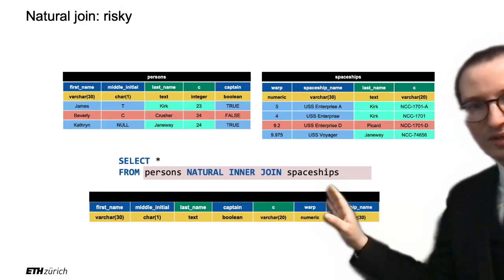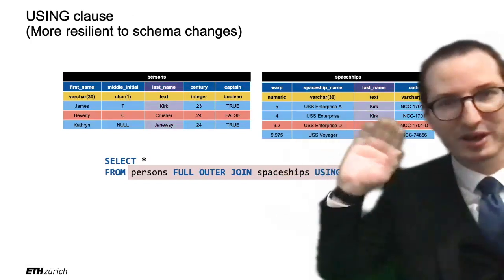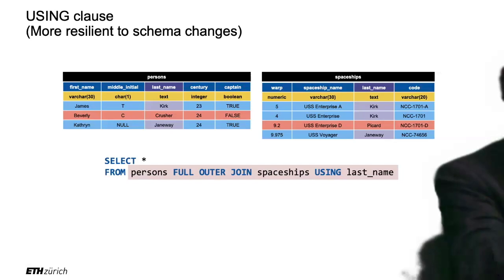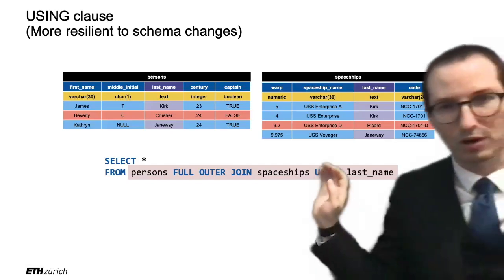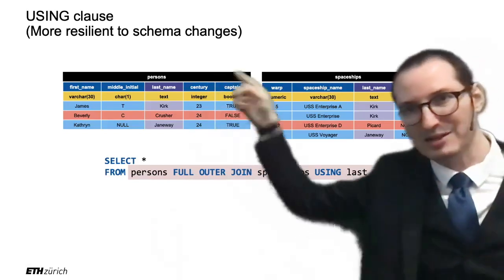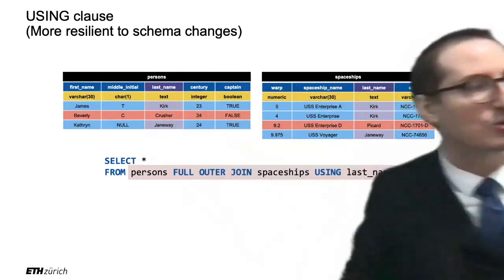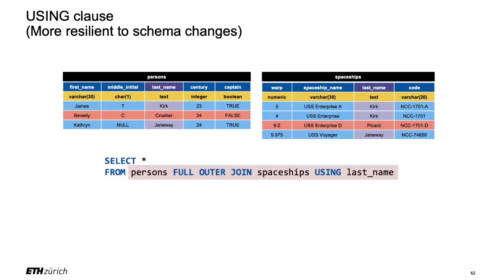But now imagine that you want to be very careful, like you notice that you could have unintentionally equal columns, but you don't want to write the whole ON persons.last name equals spaceships.last name because it's the same column name, right? So this is something in between. It's the same column name, you know it, but you're a bit scared of doing a natural join because you don't know what the other columns are. But you're also lazy because you don't want to write the whole ON clause and equality.